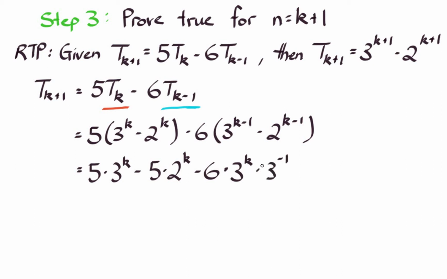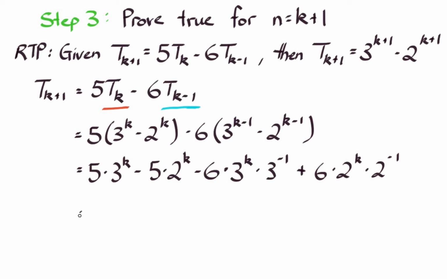So splitting this power up, and now we've got negative 6 times negative, so this becomes a positive 6 times, and we'll do the same thing, 2 to the power of k times 2 to the power of minus 1. So in both cases here, if we were to put these back together, we would just get what is above.